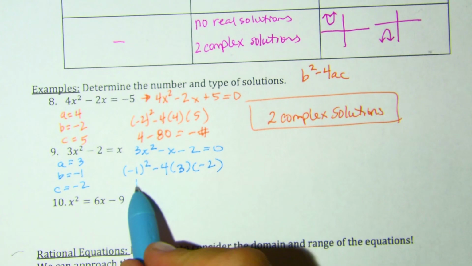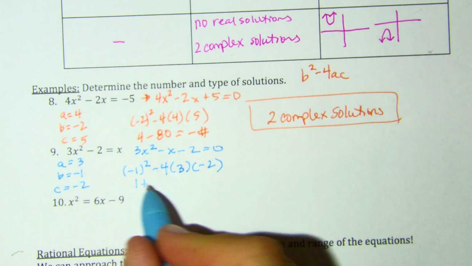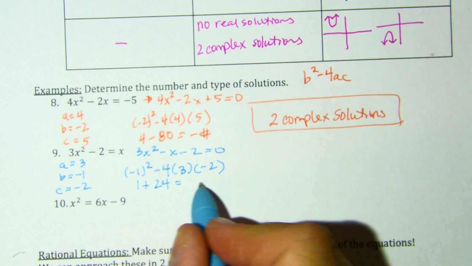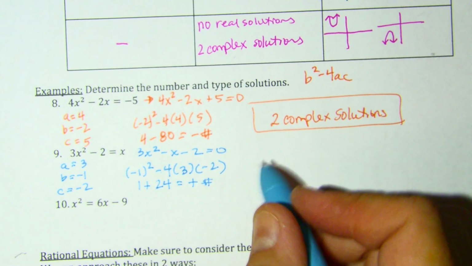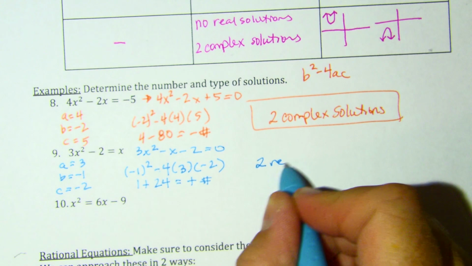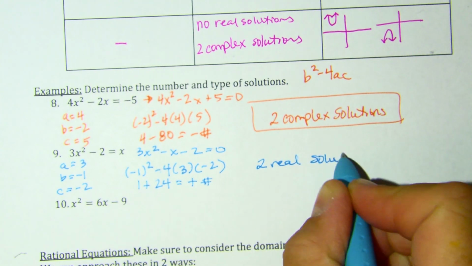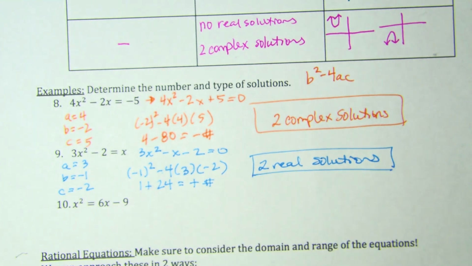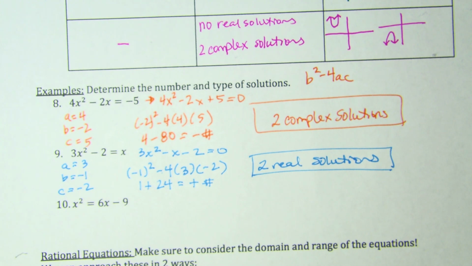Well, that's going to be 1, and a negative times a negative will be a positive. 4 times 3 is 12, times 2 is 24, and that's a positive number. So that's going to give me 2 real solutions. Again, it's not telling me what my solutions are. It's not telling me x equals this and x equals this. It's just telling me how many solutions I have and what type of solution they are.